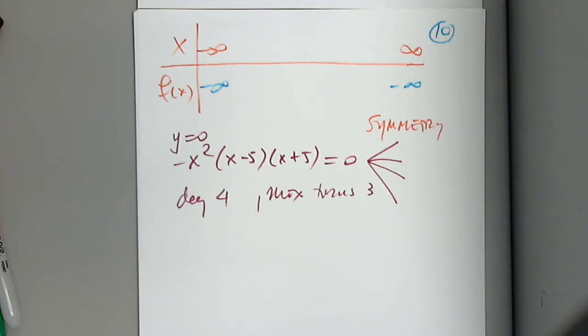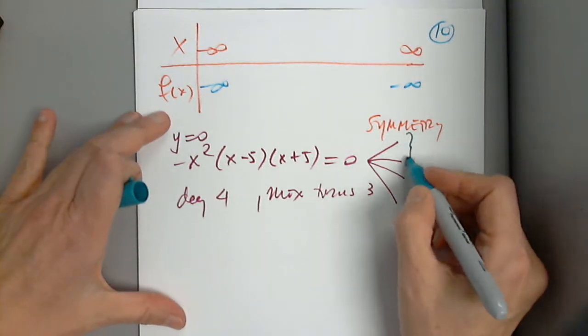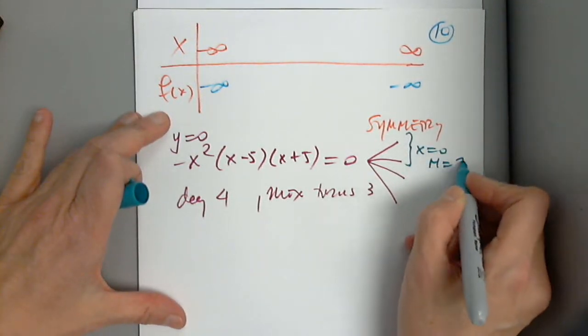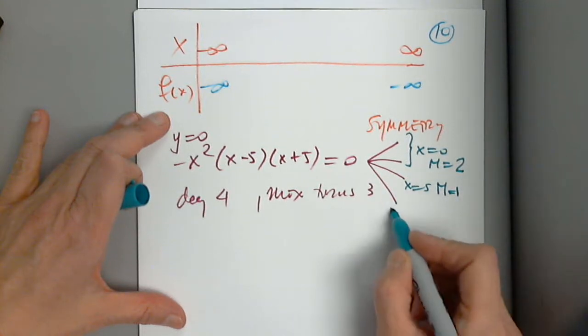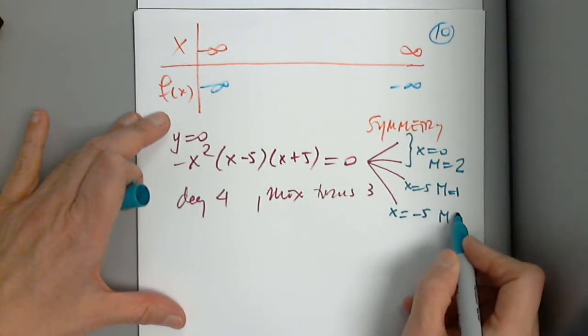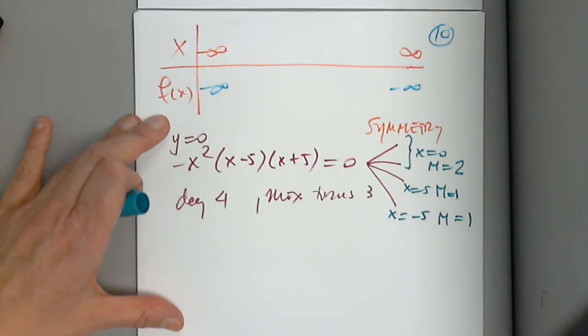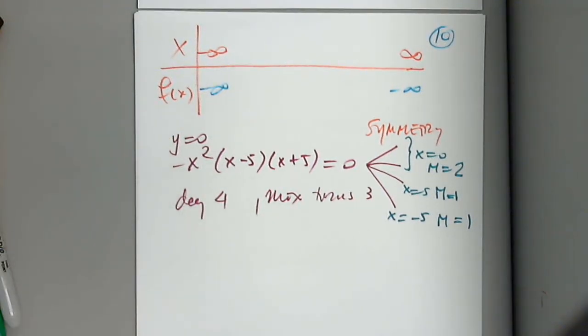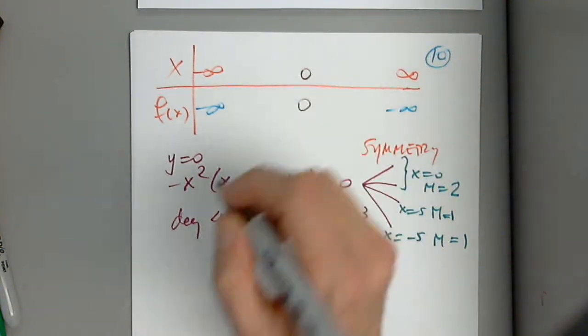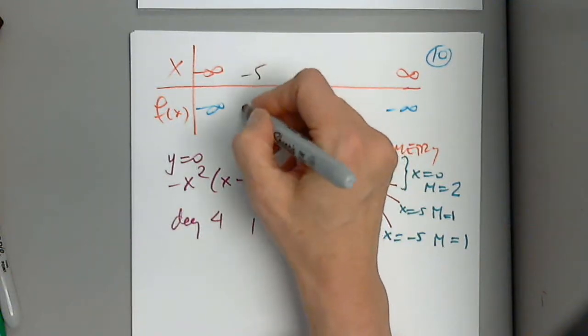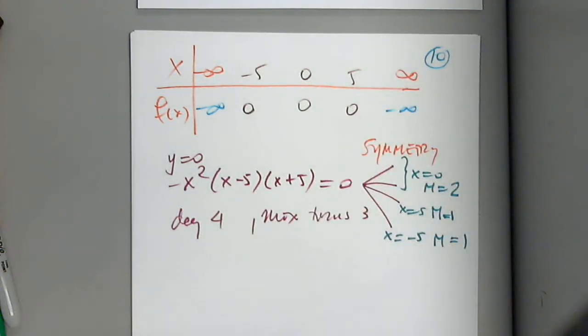2 zeros, 5, negative 5. Very good. So x equals 0 multiplicity 2, x equals 5 multiplicity 1, and x equals negative 5 multiplicity 1. I put them in the chart: (0, 0), (negative 5, 0), and (5, 0).